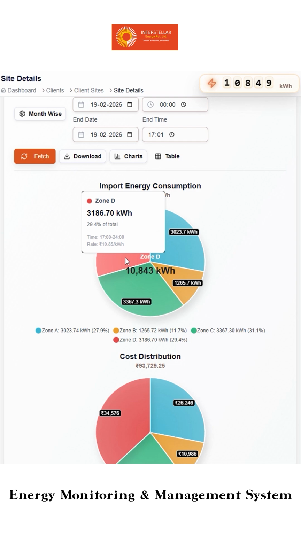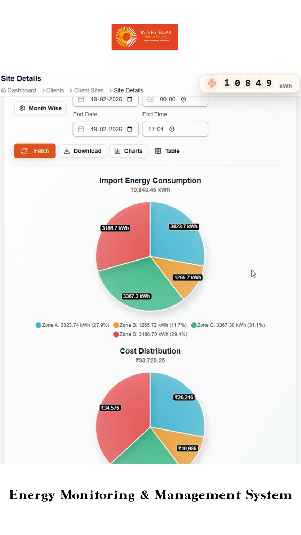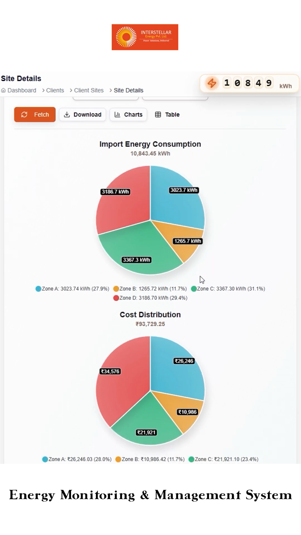These 4 zones show how much power we have consumed in each zone during the current month. It displays the total power consumption and the distribution of that consumption across the different zones. One advantage of this zoning system is that we can clearly see in which zone we are using the most power. For example, in Zone C, electricity is relatively cheaper, or Maharashtra State Electricity Distribution Company Limited, MSEDCL, provides some discount.